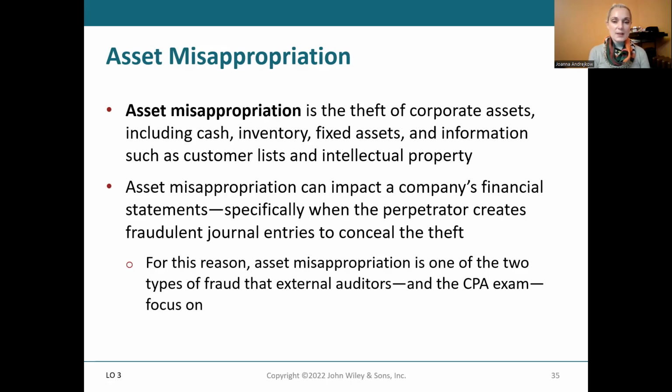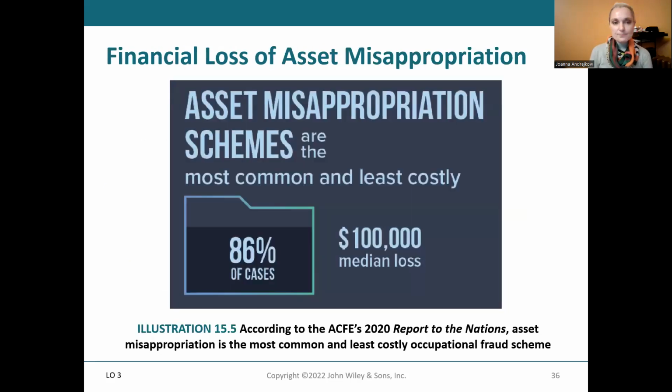Asset misappropriation can impact the company's financial statement, specifically when the perpetrator creates fraudulent journal entries to conceal the theft. For this reason, asset misappropriation is one of the two types of fraud that external auditors and the CFE or CPA exam focuses on.